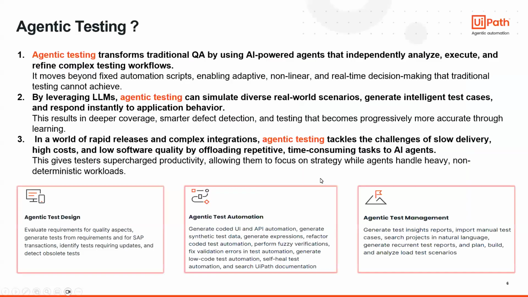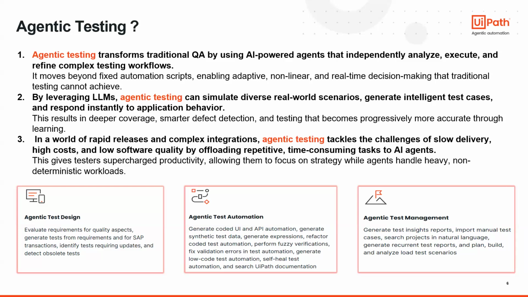Next, let's take a look at what agentic testing really means. First of all, agentic testing transforms traditional QA by using AI-powered agents that can analyze, execute, and refine testing workflows on their own.